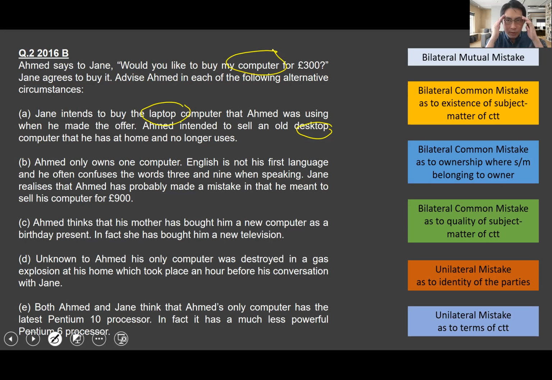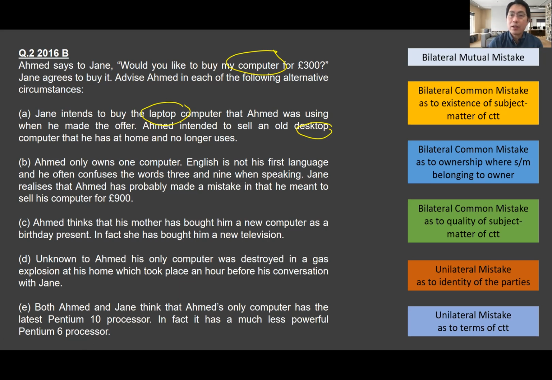In his mind, he was referring to his desktop, but Jane thought it was a laptop, and that's why it's a mistake that is made by both parties. And I think that you are right in your assessment that this is a bilateral mistake. Bilateral being the word that we use in relation to a mistake that's being made by both parties.